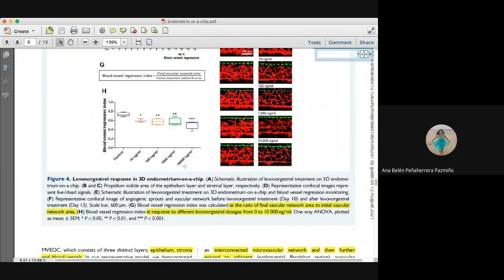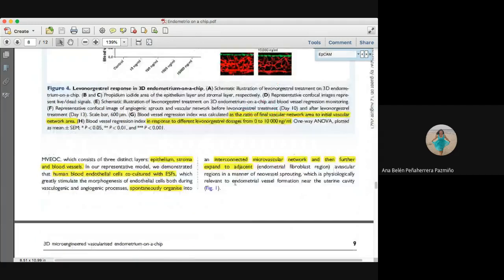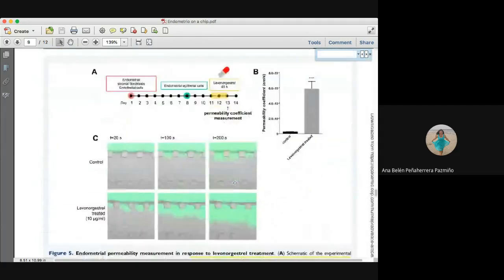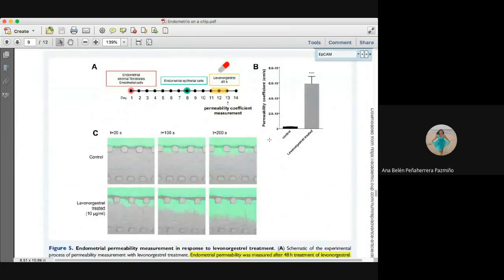So this is a great model for drug screening and toxicity testing in the field of female reproductive health. Okay, thank you very much.